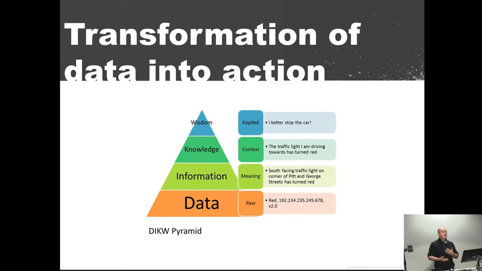From that, you will reach some conclusion: the road is closed and it's a traffic light, and eventually you are going to take some action. So the database, as I said, is providing you with information.